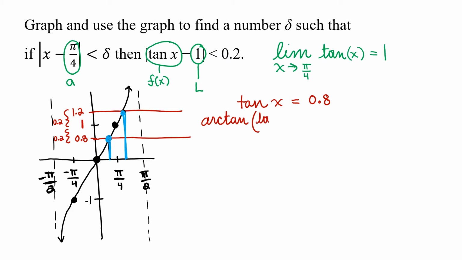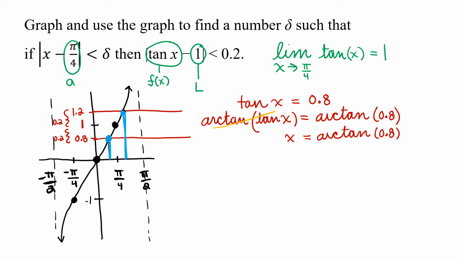So we have the arctan of tangent x and the arctan of 0.8. And then, because arctangent and tangent are inverses, they will cancel out, and we have that x is equal to arctangent of 0.8. And that is one of our mysterious possible bounds.